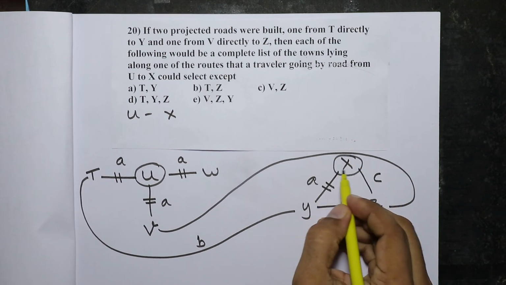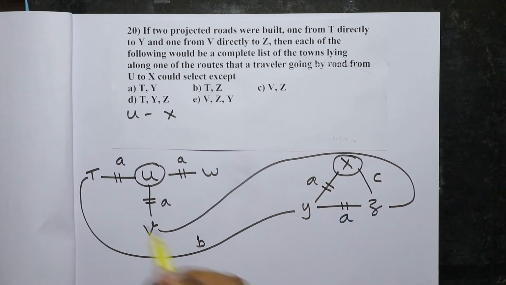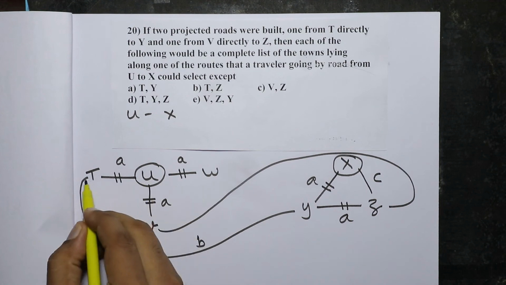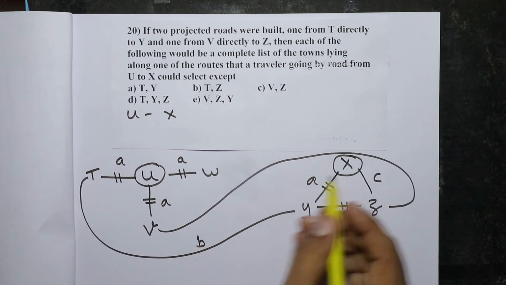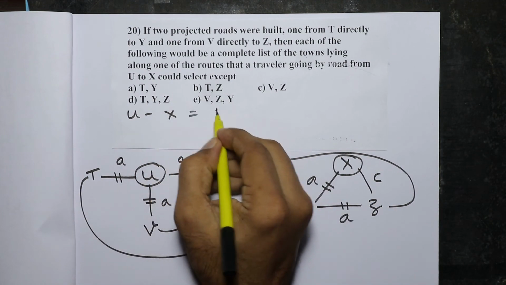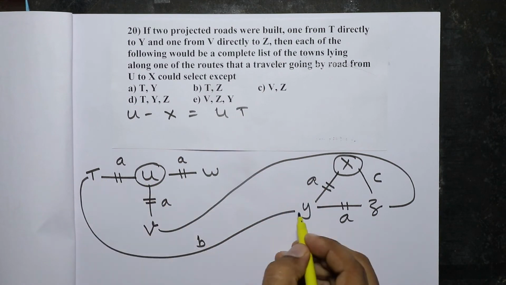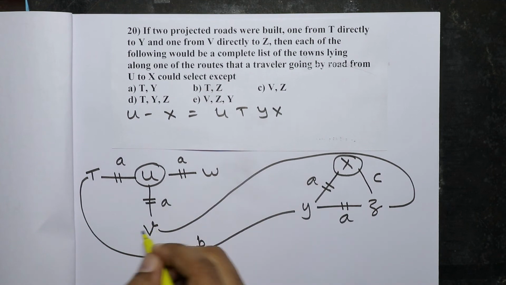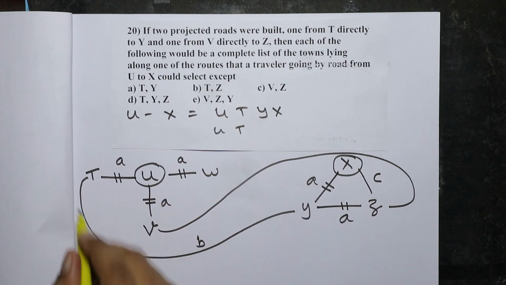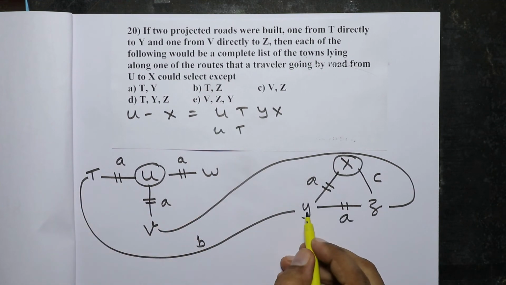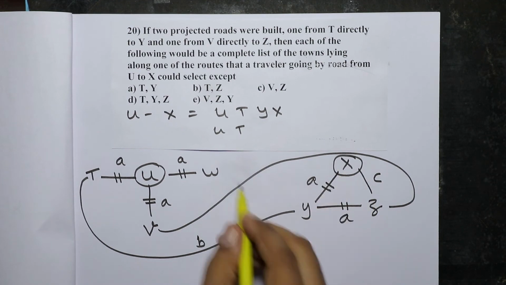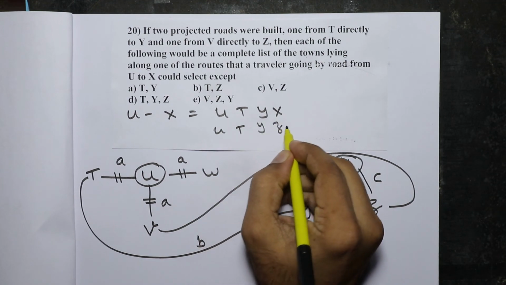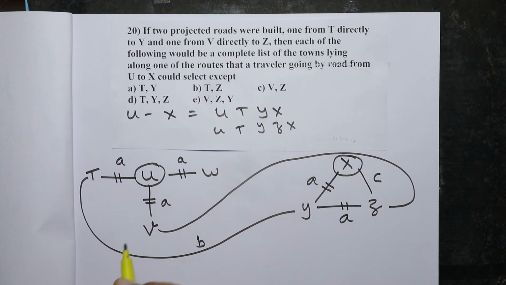So U to X. So we have U here and X here. So let us look at the possible routes. Now one possible route is U, T, Y and X. So this is one possible route. Another possible route is U, T, and from T to Y, Y, Z and X. Now let us look at the other routes that are possible.